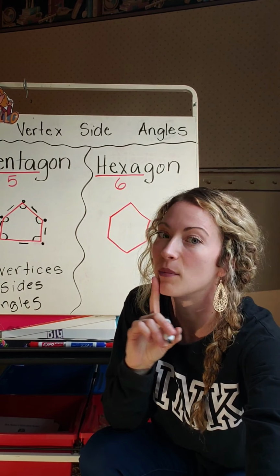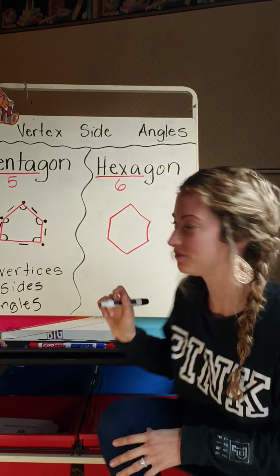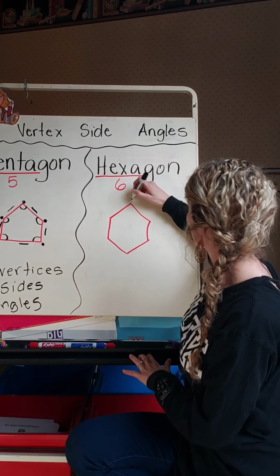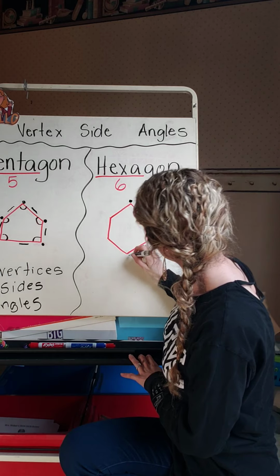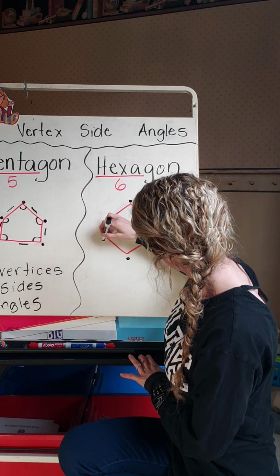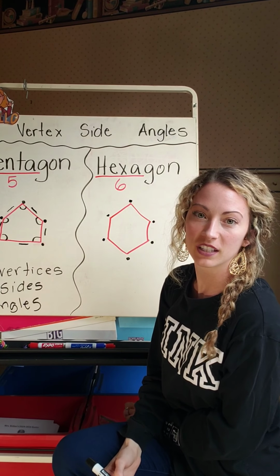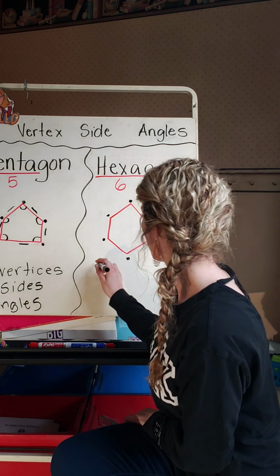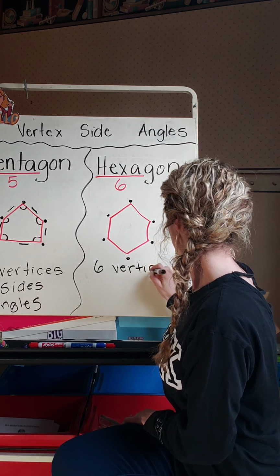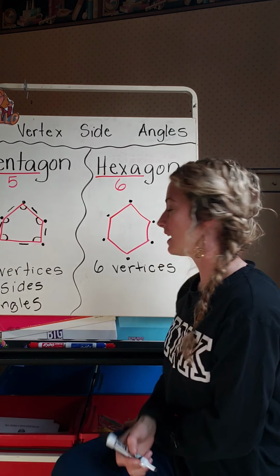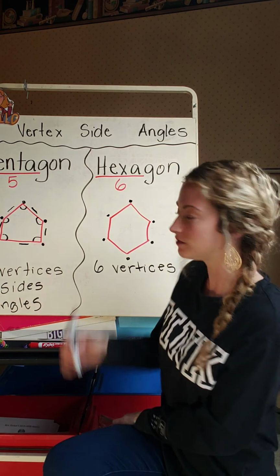Can anyone guess how many there are? Hexa? 6. Let's see. So how many vertices do we have? 6. Now I want to find how many sides we have on the hexagon.